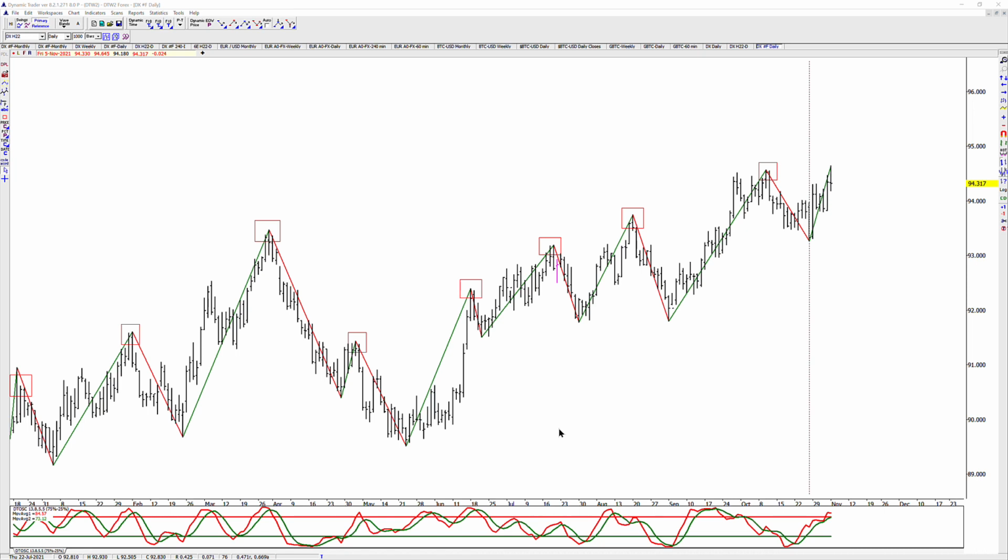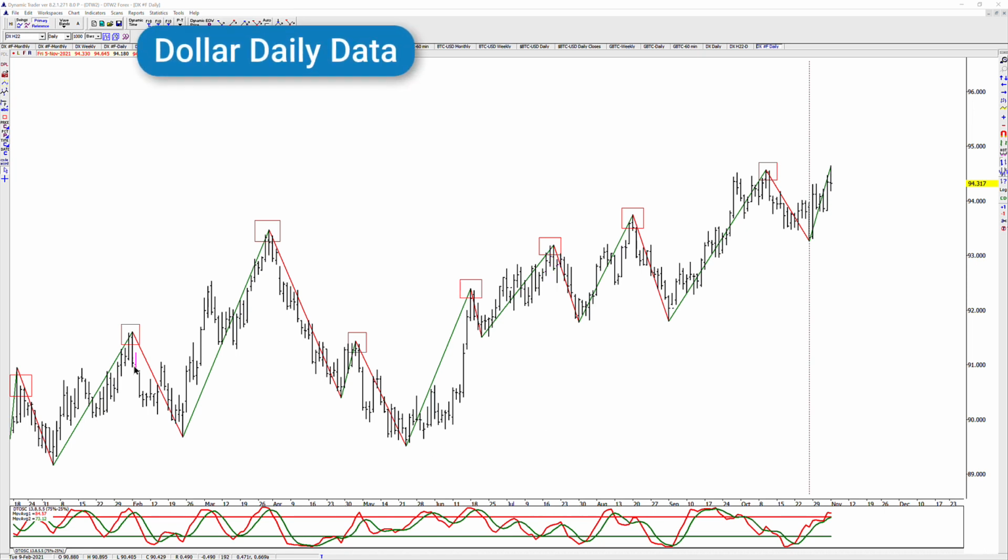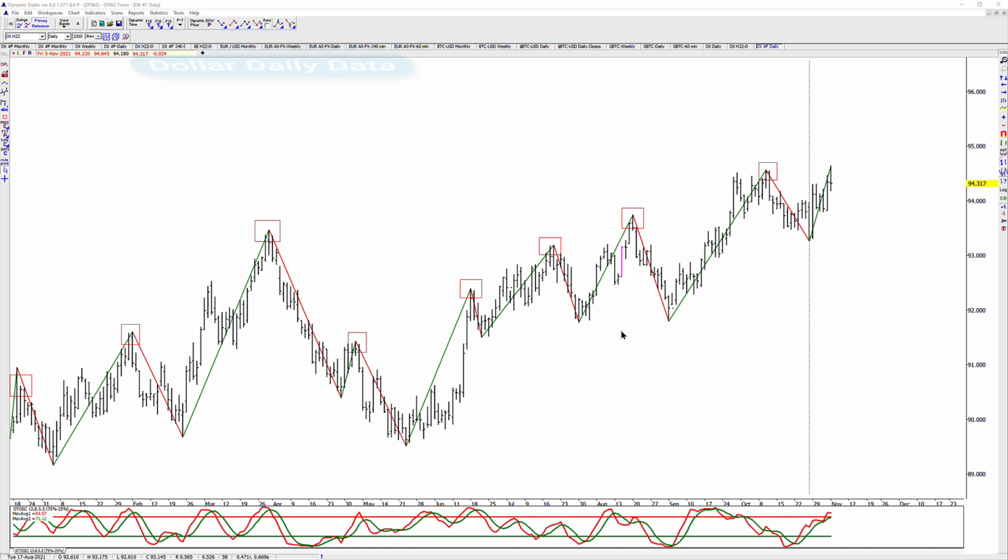So let's take a look at the dollar daily data. You can see that I've marked off the really significant highs and lows in this market. There's a little bit of judgment on which ones you mark off. You basically want to know, does this market have a relatively narrow range? In this case, we're going to be projecting for a high from past high to highs.